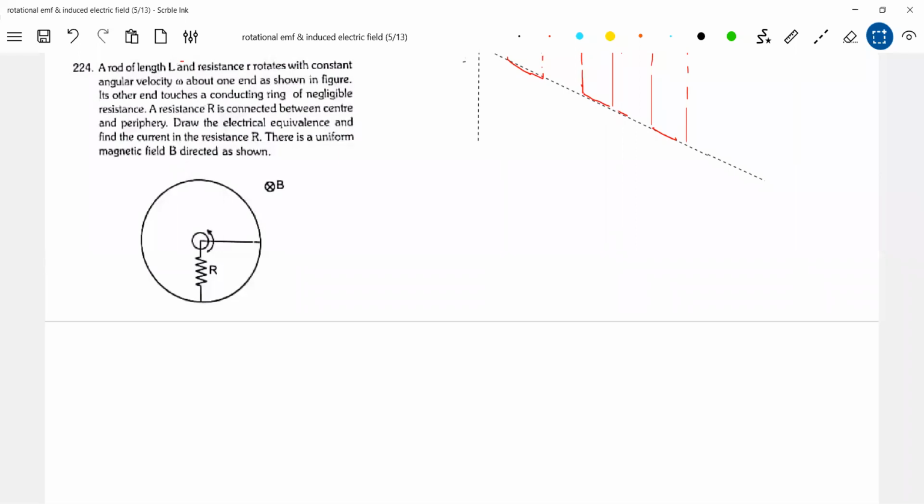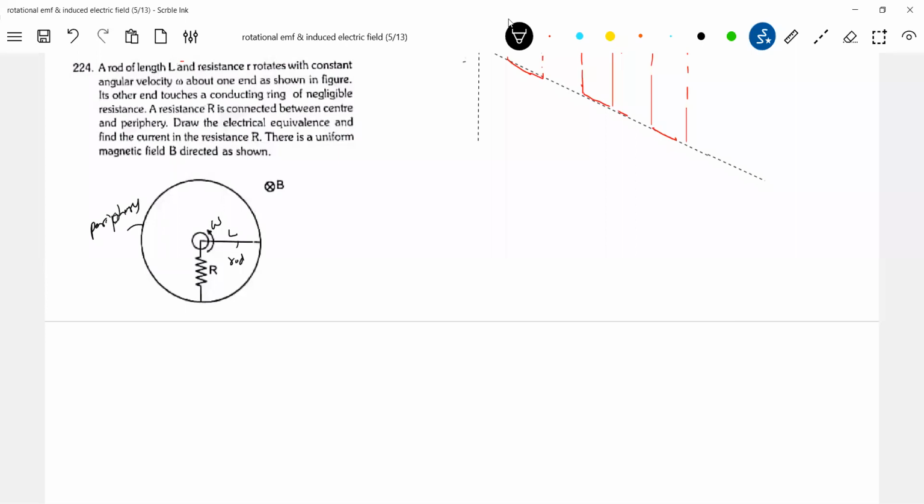A rod of length L, this is that rod, rotates with a constant angular velocity omega about one end as shown in the figure. Its other end touches a conducting ring of negligible resistance. A resistance R is connected between the center and the periphery of the circumference.